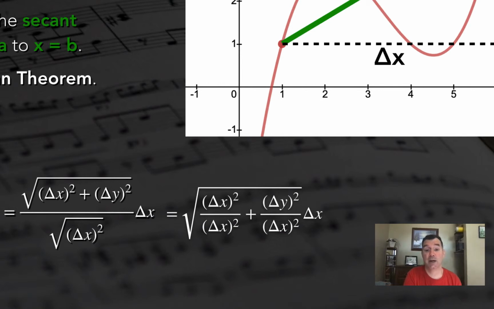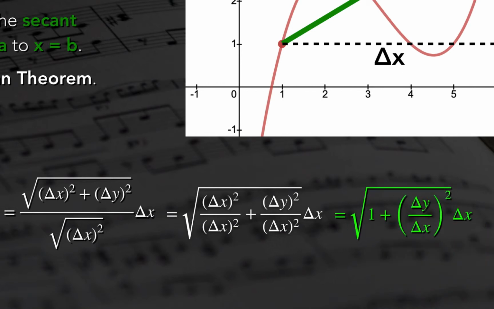So I get delta x squared over delta x squared plus delta y squared over delta x squared, and I still have that delta x outside of the square root. And then delta x squared over delta x squared simplifies to be 1, and the delta y squared over delta x squared can be simply written as one fraction squared, still with the delta x outside of the square root.